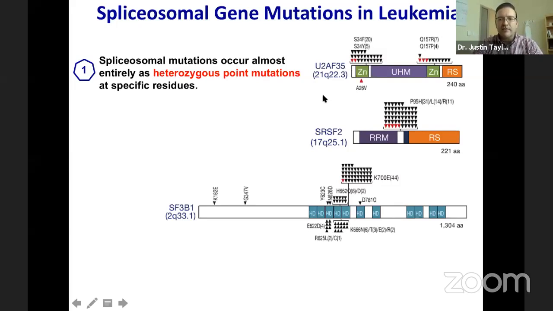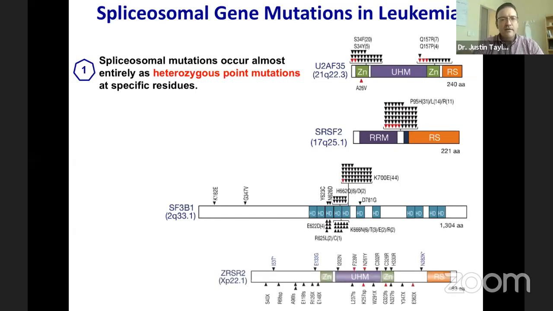In the middle is SRSF2, where there's a predominant hotspot of P95 mutations. And then finally, SF3B1, where the hotspots are clustered around a domain right in the middle of the gene. The most frequent is K700, but there are others in the 600s, all clustered around that region.